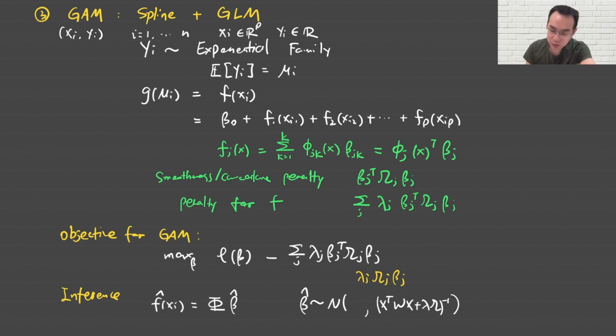But the point is that after we have this variance for beta hat, we can do hypothesis testing on it, right? We can get things like confidence intervals or hypothesis testing.